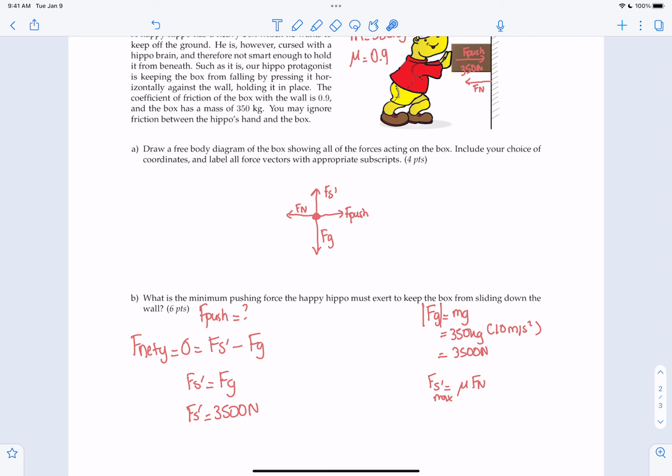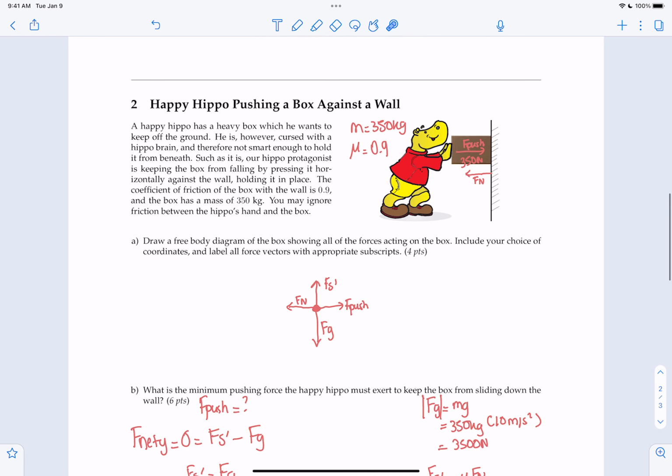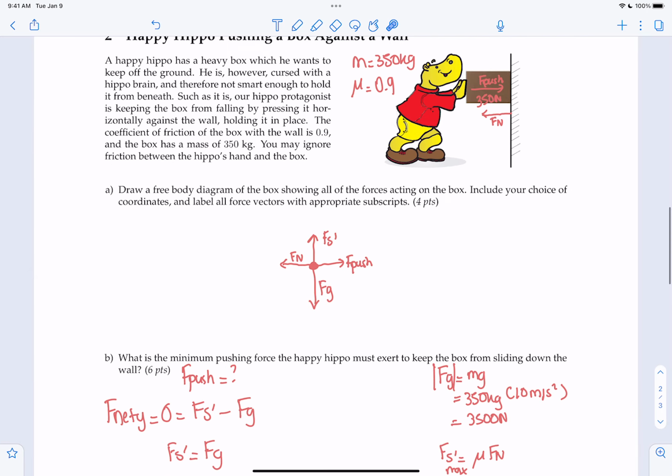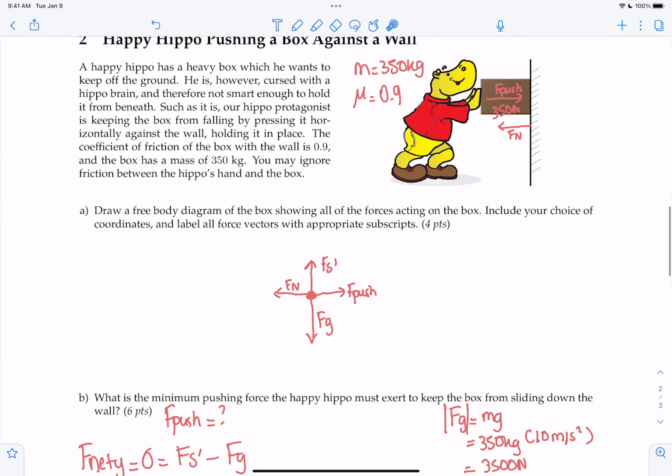It would have to be kinetic friction. That would be kind of weird, because I don't think it's quite possible in this case for your static friction force, or even kinetic friction, to be greater than gravity.